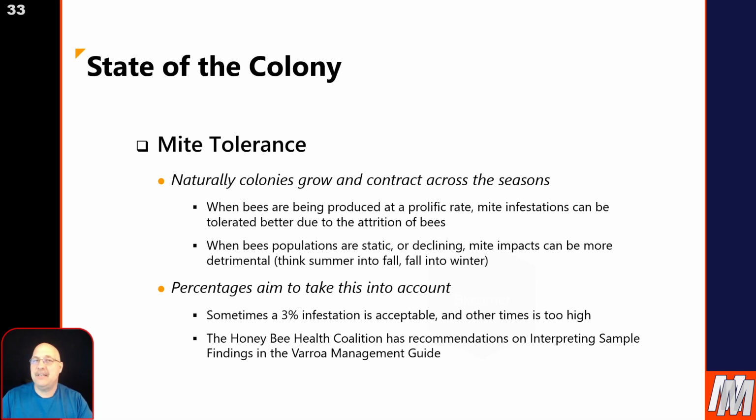This is where the Health Coalition has factored in colony health and population and makes recommendations as to what percentage to hold to at specific times and conditions. Now, some beekeepers simply pick the lowest threshold, say 2%, and stay with that, foregoing doing the math, and, honestly, we're not adverse to that concept.